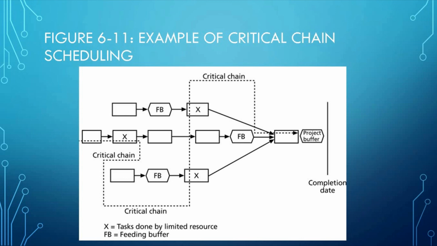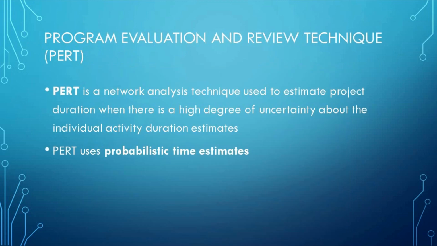As you can see here, the critical chain flows through the tasks done by the limited resource. And since there are feeding buffers, there will be a project buffer before the completion, as the project buffer is the additional time added before the project's due date.